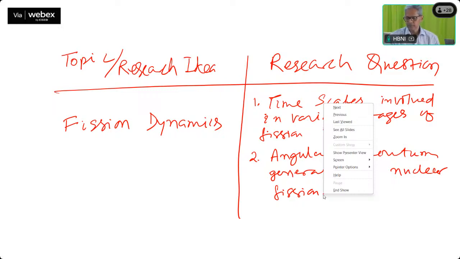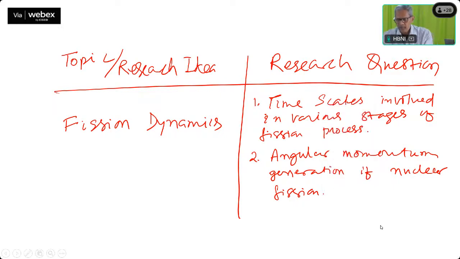It is something like that. So when I write a research question, my research topic is very specific, and I know what results I am going to get. In the first case, I will measure the time scales in the different stages of the fission process. In the second case, I am going to study how angular momentum is generated.